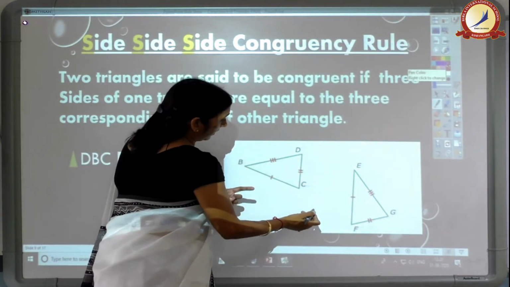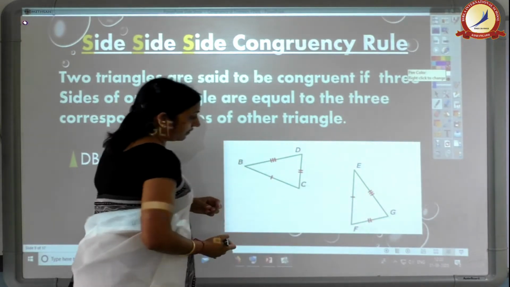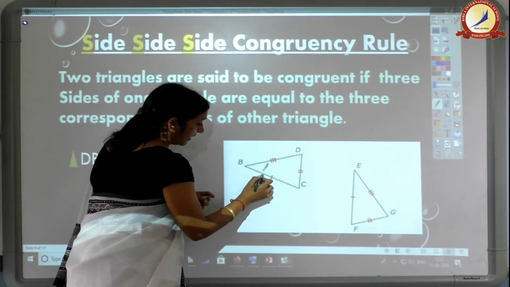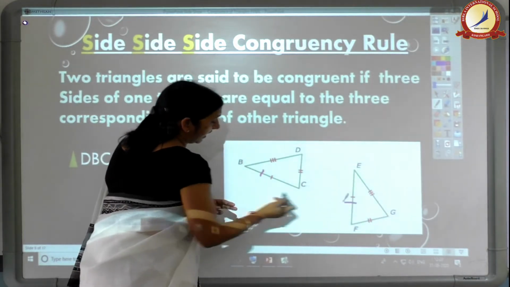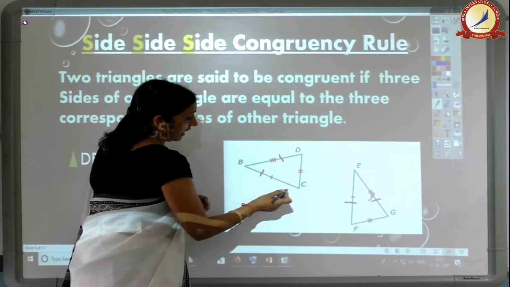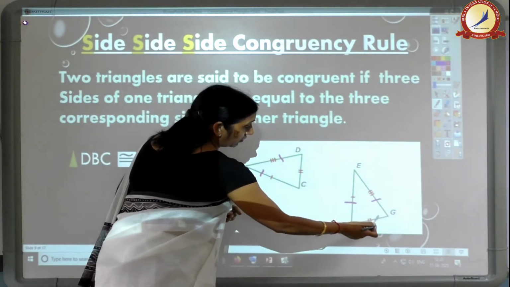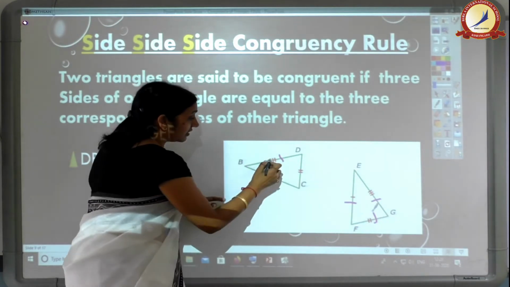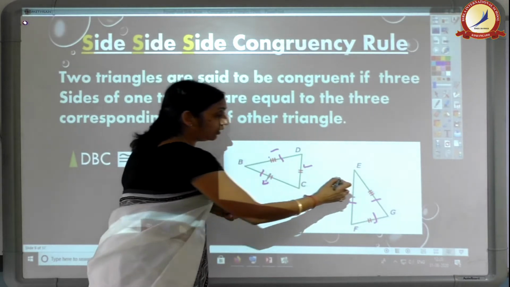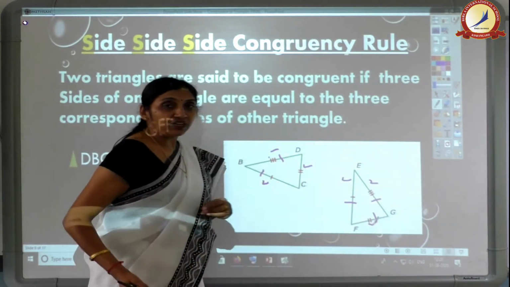DBC and triangle GEF. If you observe, side BC is equal to side EF, side DB is equal to side GF, and side CD is equal to side FG. So, the 3 sides of one triangle are equal to the corresponding 3 sides of the other triangle.